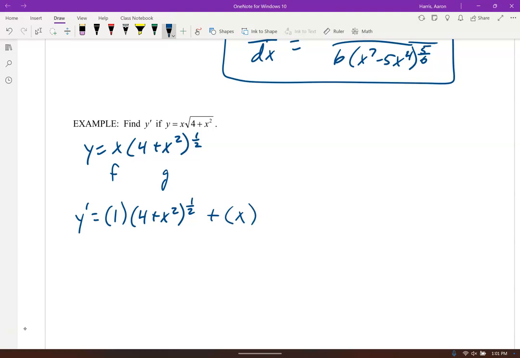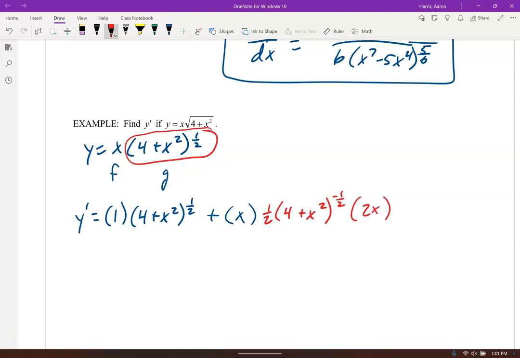Now I'm taking the derivative of the second one, so this one right here. I'm just going to do it all at once. I think you've seen a few of these chain rules, so it's 1/2, the quote u to the 1/2 minus 1, which is negative 1/2, times the derivative of the inside, which is 0 plus 2x.